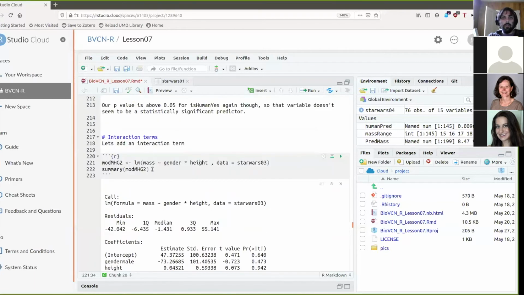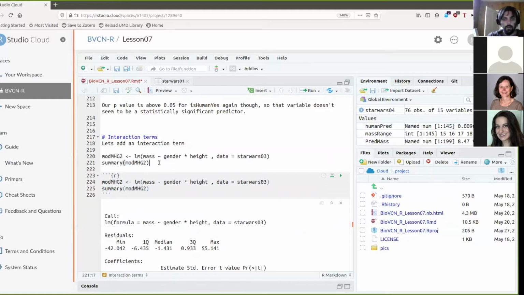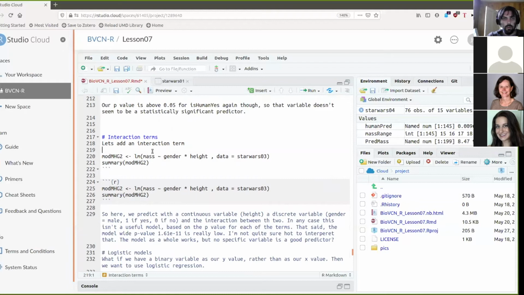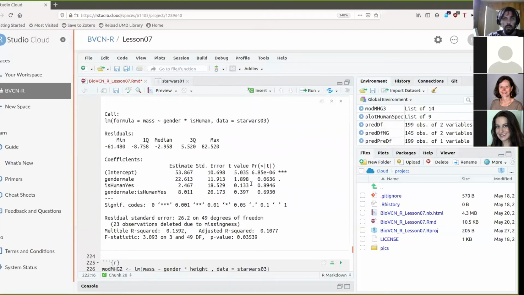But we could do this with gender and species. Here I wanted it to be a discrete variable for some reason. So we'll do gender and is human. And here we can say that there isn't.